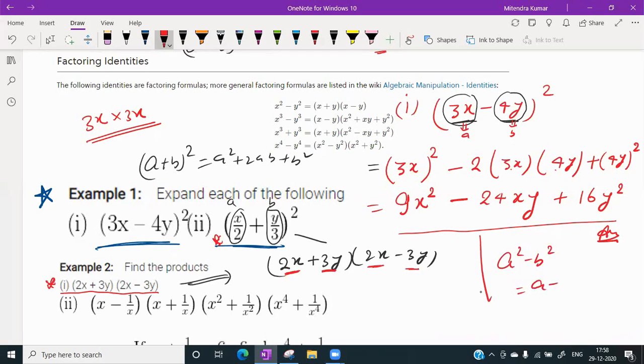If you recall, this was the formula I told you. So we can write 2x whole square minus 3y whole square. It will directly give me the answer: 4x square minus 9y square.